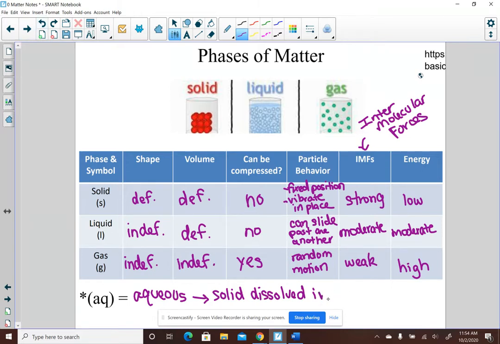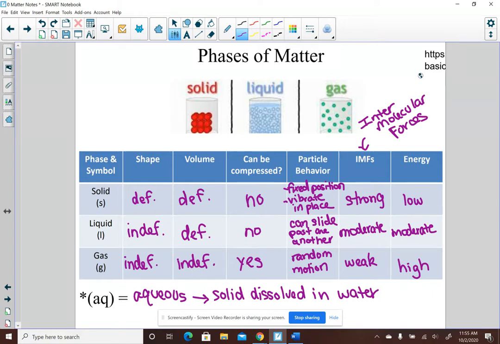So aqueous really helps us classify the matter. We know that it's a homogeneous mixture if we see aqueous, but if we needed to pick a phase that aqueous would be most like as far as behavior goes, it would be like the liquid phase.